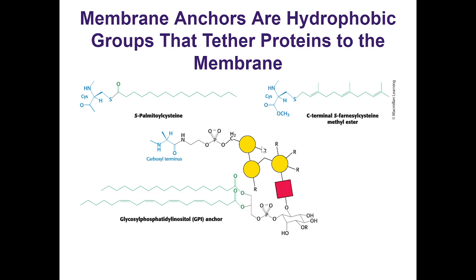Yes, that's that same sugar pattern that we looked at before. Okay. Does anybody have any questions about that? Okay. Notice that's the carboxyl terminus right there of our protein amino acid, okay? Up here, this is the lipid anchor right there. And this is just the structure that connects the two.